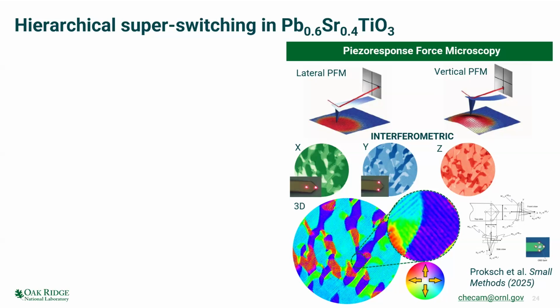Not only that, but if you do a little bit of trigonometry here, you can reconstruct the 3D vector polarization by placing the interferometer at different positions along the cantilever. So if you do a PFM image with the interferometer at this position or at this position, and then you combine them with some mathematical operations, you can read the paper here, then you get the X component of the polarization.